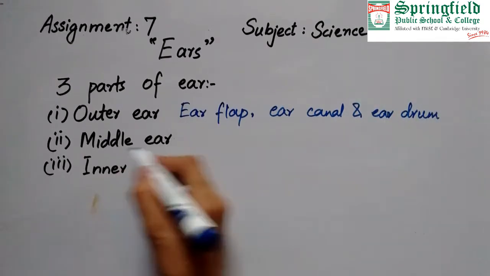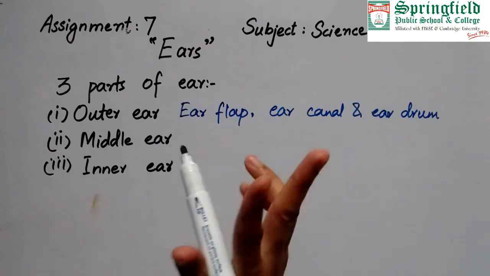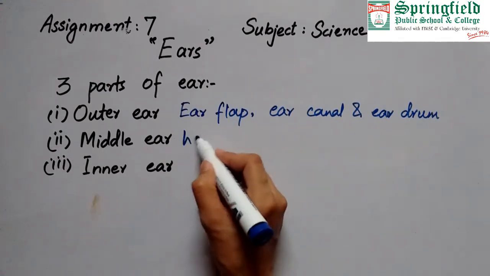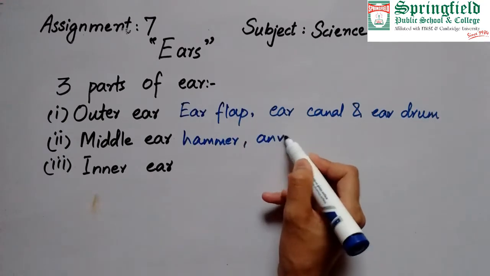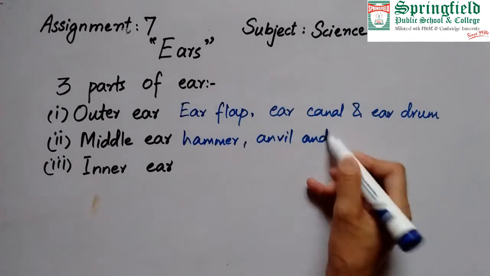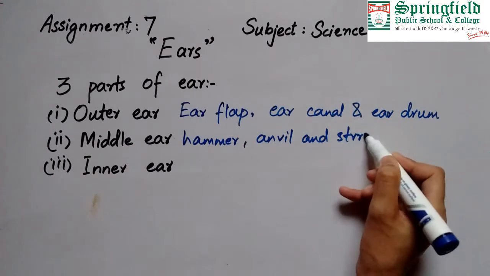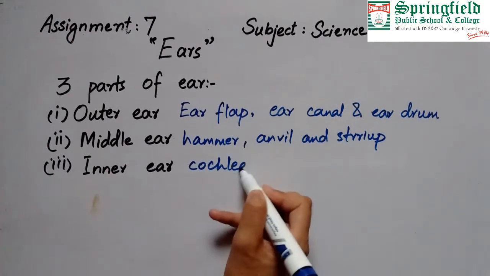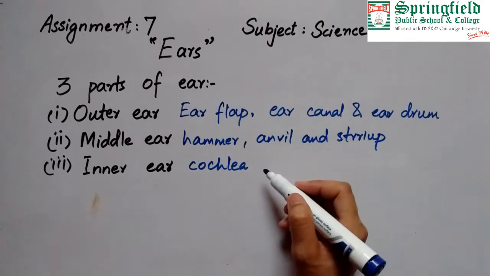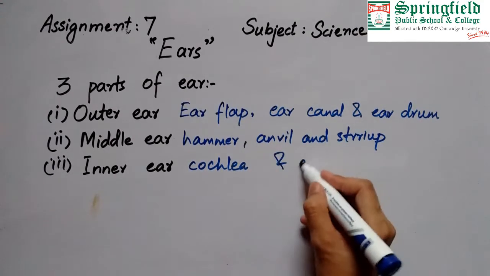Then the next part is the middle ear. It consists of the 3 tiny bones which are hammer, anvil and stirrup. Then the inner ear consists of cochlea, which is coiled tubes, and the auditory nerve.